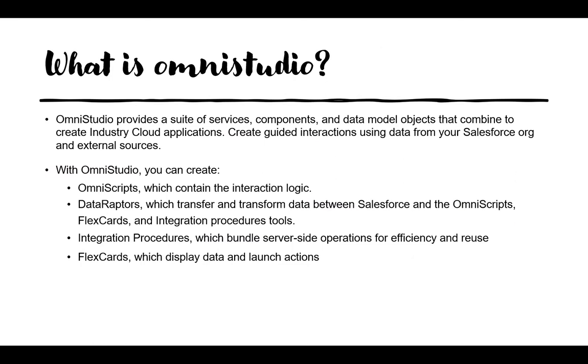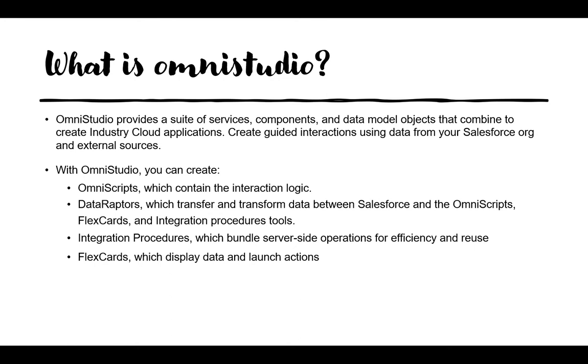So what is Omnistudio? Omnistudio provides a suite of services, components, and data model objects that combine to create industry cloud applications. Also create a guided interaction using data from your Salesforce org and external sources. With Omnistudio, you can create Omniscript, which contains the interaction logic.